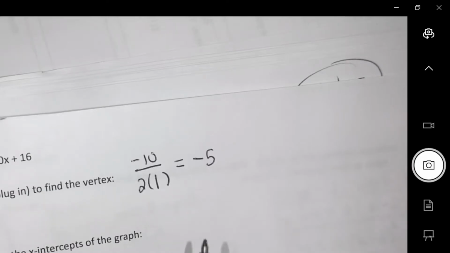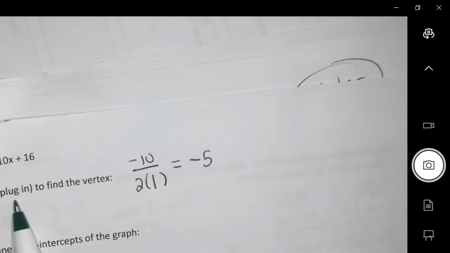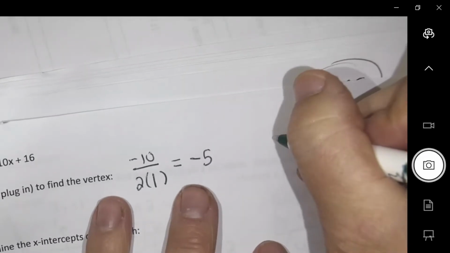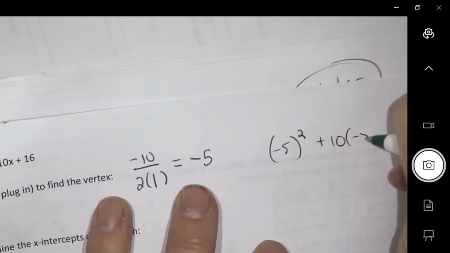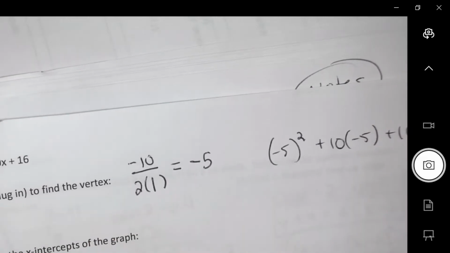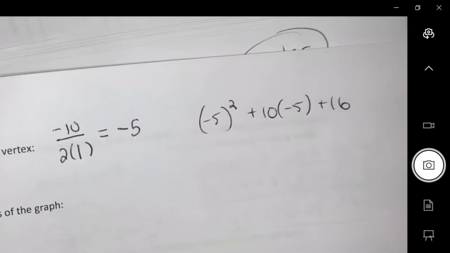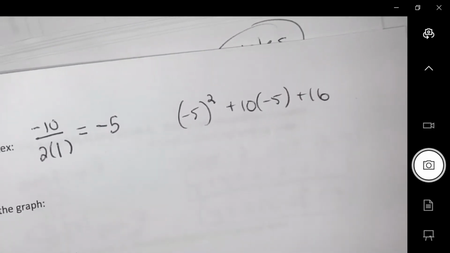And then when we have that, we need to now plug that in. So what is -5 squared? That's what I'm trying to figure out once I plug it in.